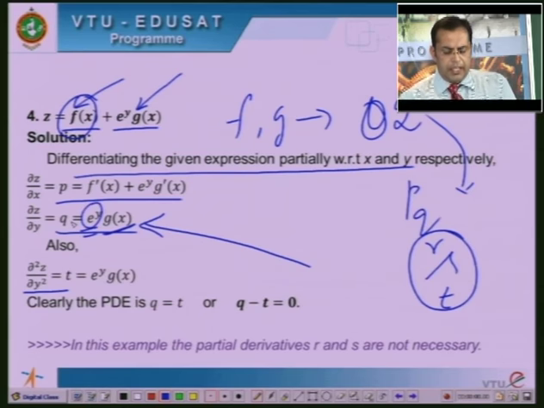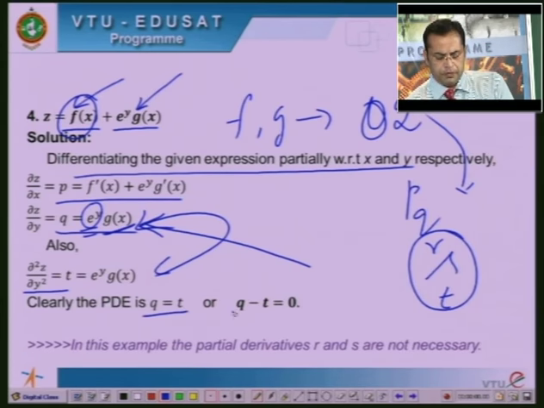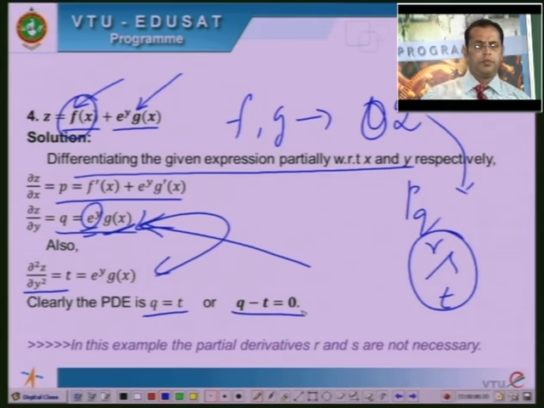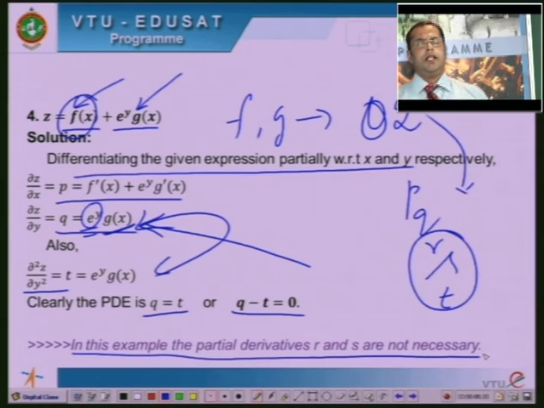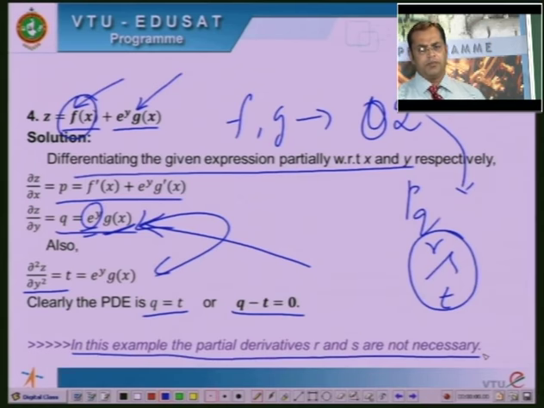For the required PDE, observe that q and t are identical. So, q is e power y g of x, t is also e power y g of x. So, q equal to t or q minus t equal to 0 becomes the required PDE of order 2. The observation to be made in this example is that the partial derivatives r and s are not necessary in the formation.